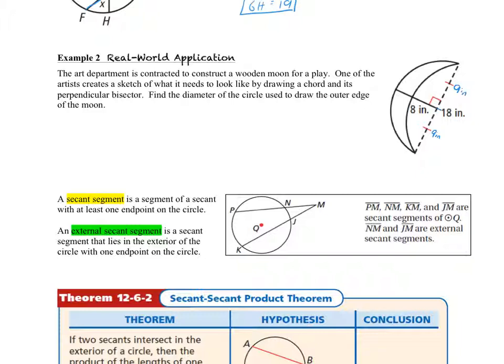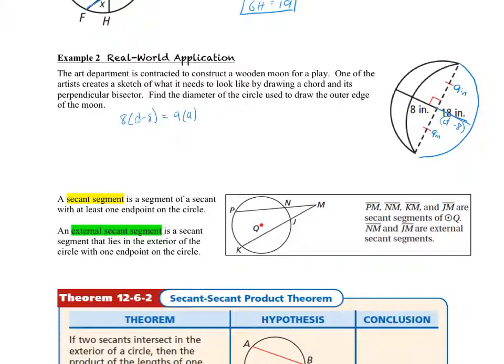And I know that the other piece that's missing is the diameter minus the 8 we've already used. So when I do chord-chord product theorem, I'll have 8 times d minus 8 is equal to 9 times 9.